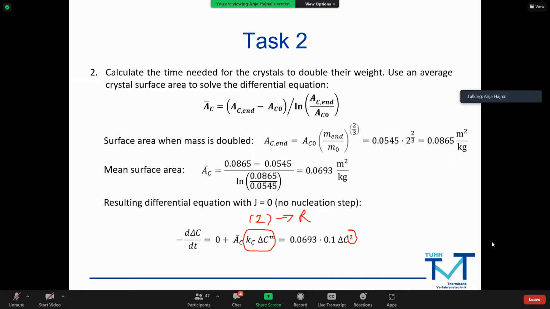It can be 1, it can be 2.5, it can be 3. So take care. When you want to solve equation 2, try to solve the integral with different exponents. It's expected of you to know how to solve an integral in the exam. You won't be having complex integrals, but something like this will come up in a crystallization task.